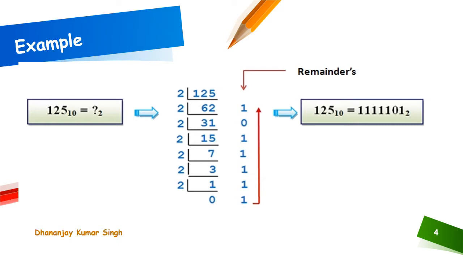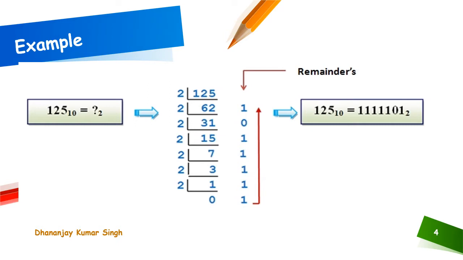15 divided by 2 goes 7 times, so the remainder will be 1. 7 divided by 2 goes 3 times, remainder will be 1. Similarly, we have to divide and record the remainder. You can see here I have recorded the remainders, and we need to write the remainders in reverse order, means from bottom to top.